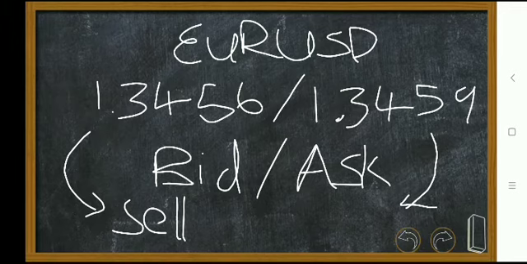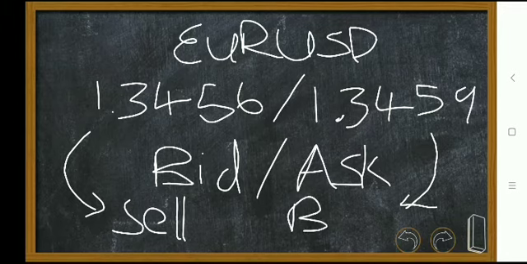So now we come to the ask. Sorry for zoning off. Sometimes I get lost. I always want to motivate, so I get lost. Okay, we are at the ask. The ask price is the price which you get for buying.